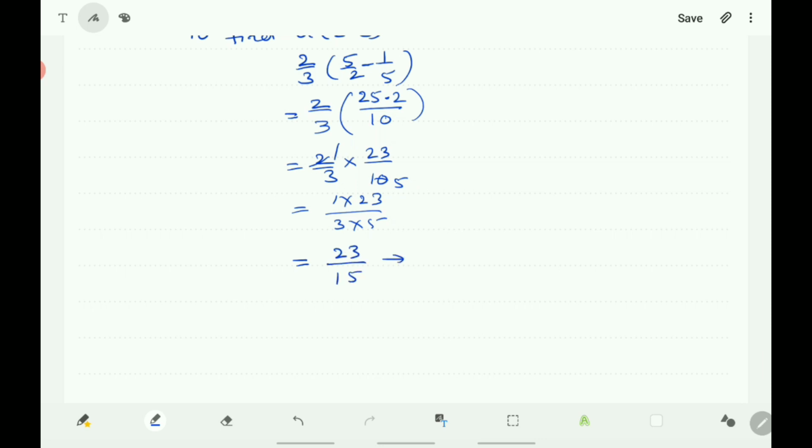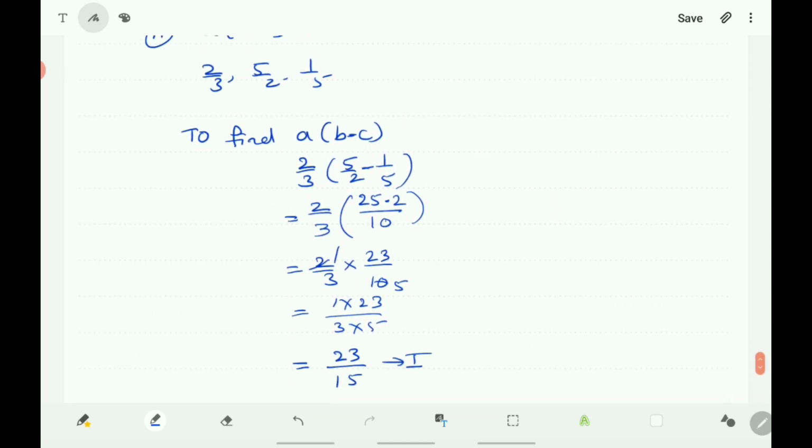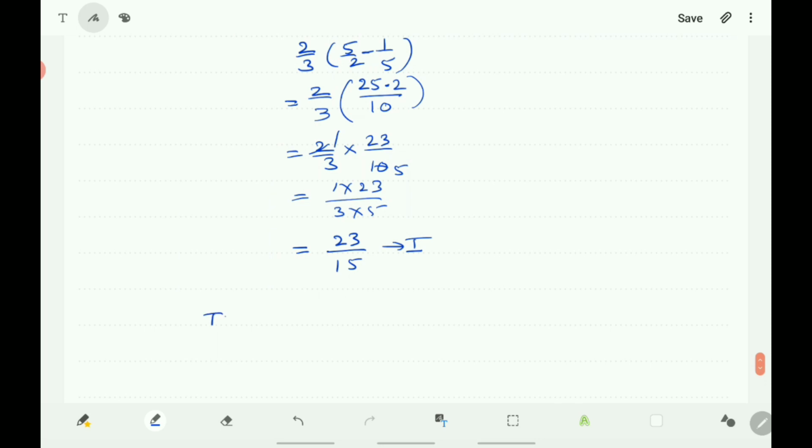Consider this is first. Then to find the RHS, AB minus AC, A is 2 by 3 into B is 5 by 2, minus 2 by 3 into 1 by 5.